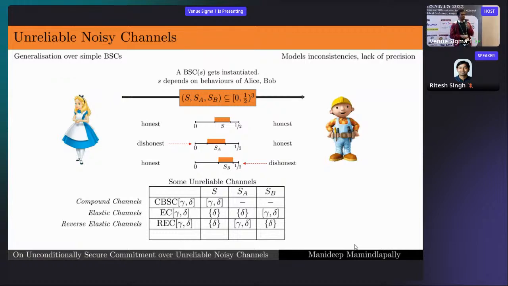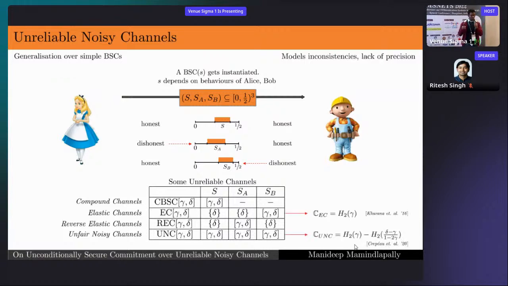They model the elasticity form of unreliability. In an elastic channel, if Alice and Bob both were honest, BSC(delta) gets instantiated. But if Bob was malicious, he could bring down the error probability to gamma. And then I have a fourth channel model, the unfair noisy channel, which models the combined form of unreliability of both the compoundness as well as the elasticity.